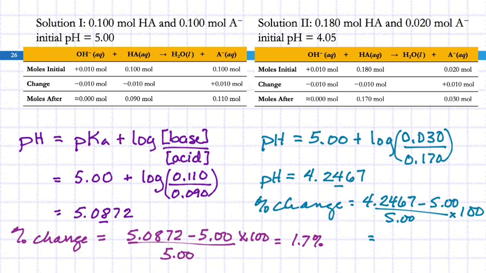Well, I don't know what I did there. Oh, I do know what I did there. I just messed up. Try that again. I messed up because I wrote it wrong. The initial pH was not 5. It was 4.05.